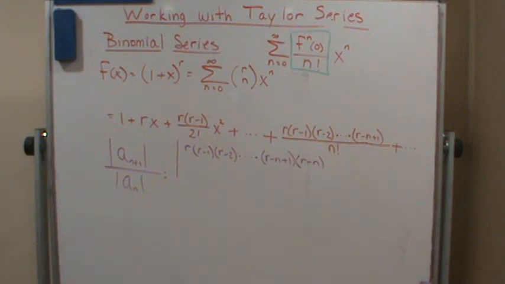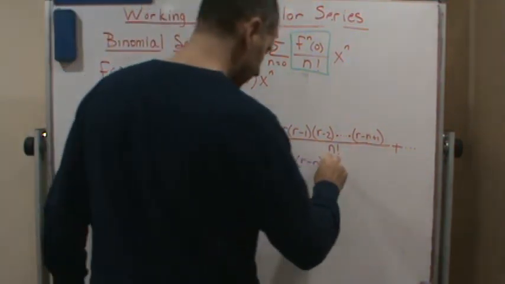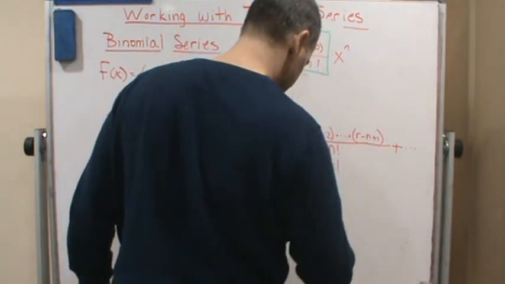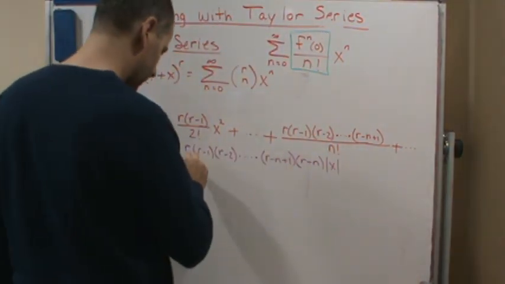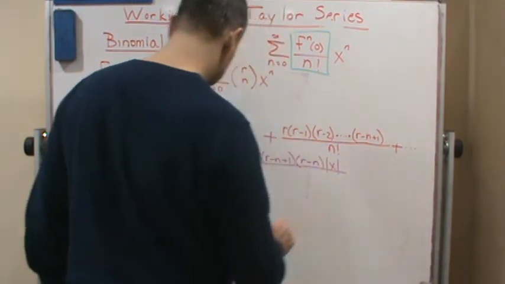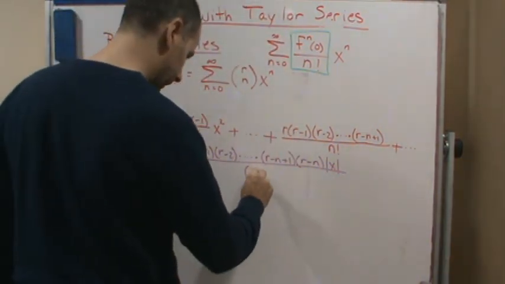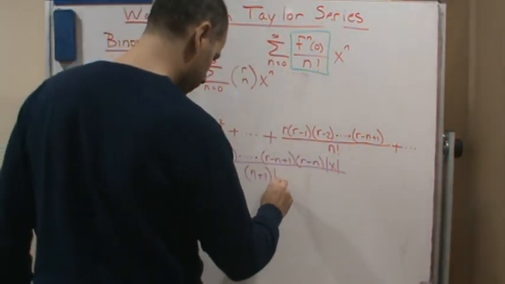Okay, and then of course we have the absolute value of x, and this is all going to be over the quantity n plus 1 factorial.